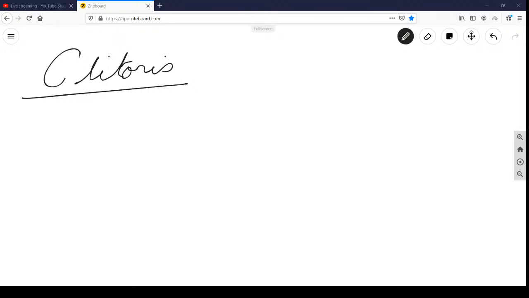The scientific name is the glans clitoris.